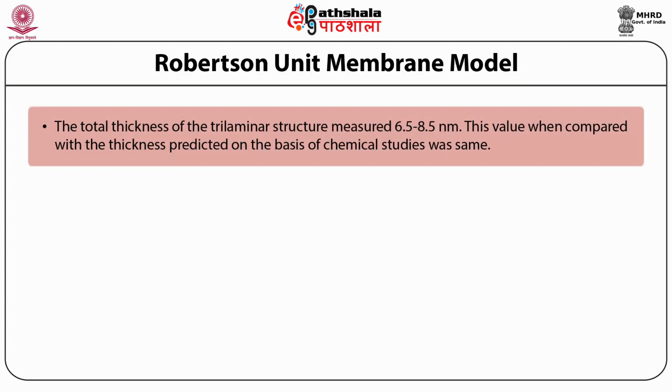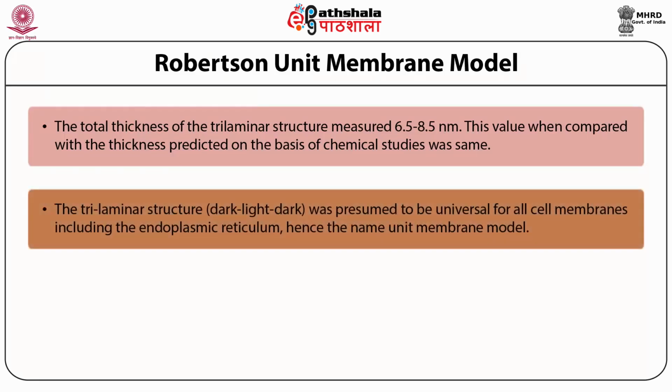This value, when compared with the thickness predicted on the basis of chemical studies, was the same. The trilaminar structure was presumed to be universal for all cell membranes, including the endoplasmic reticulum. Hence, the name unit membrane model.